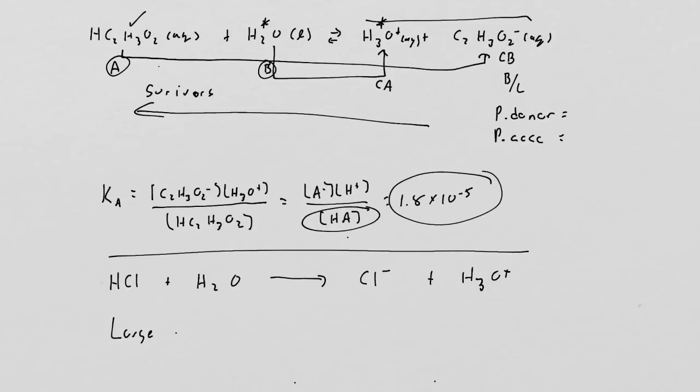So the Ka here is large, which means you have lots of these guys, and again, it's survival of the weakest. Well, what is there a lot of? These guys. These guys are the weak ones, and these guys over here are the strongest. So H2O is a much stronger base than Cl minus.